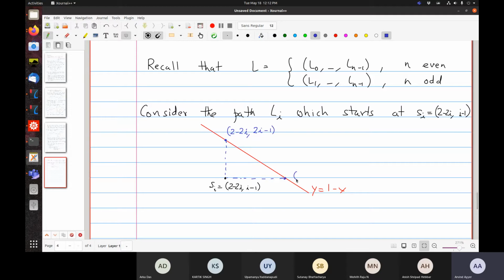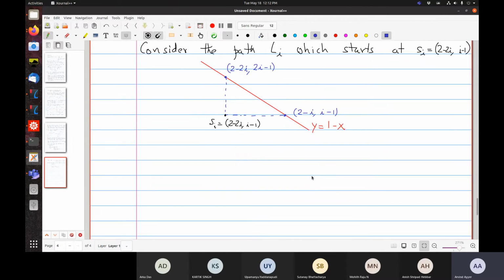And this point has y coordinate i minus 1, so x coordinate is 1 minus y. So 1 minus (i minus 1) is 2 minus i. Right?